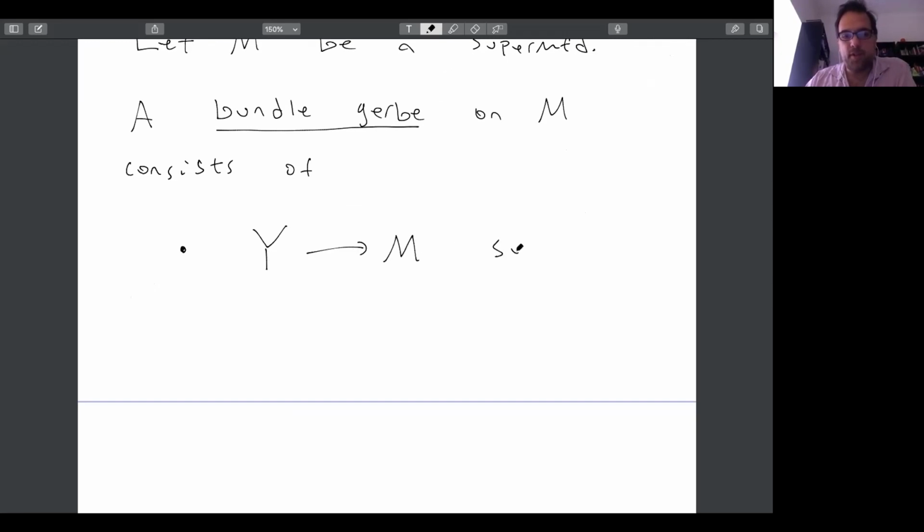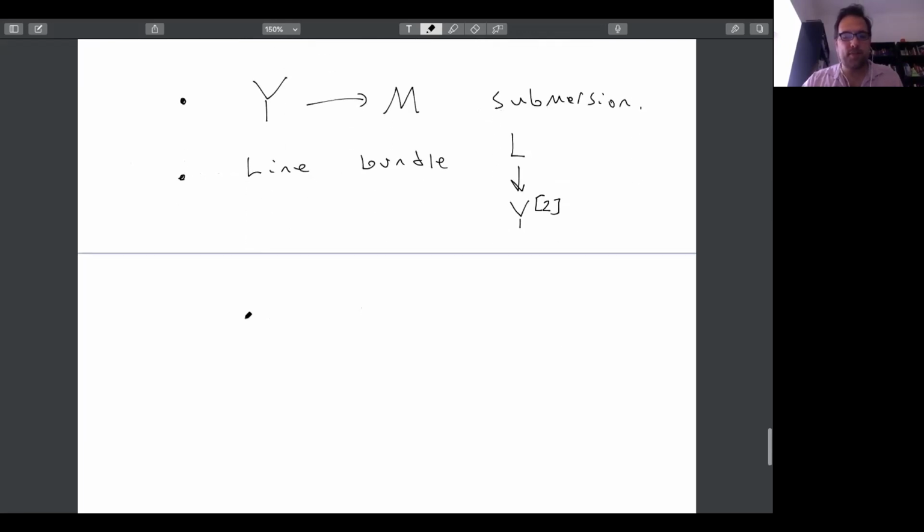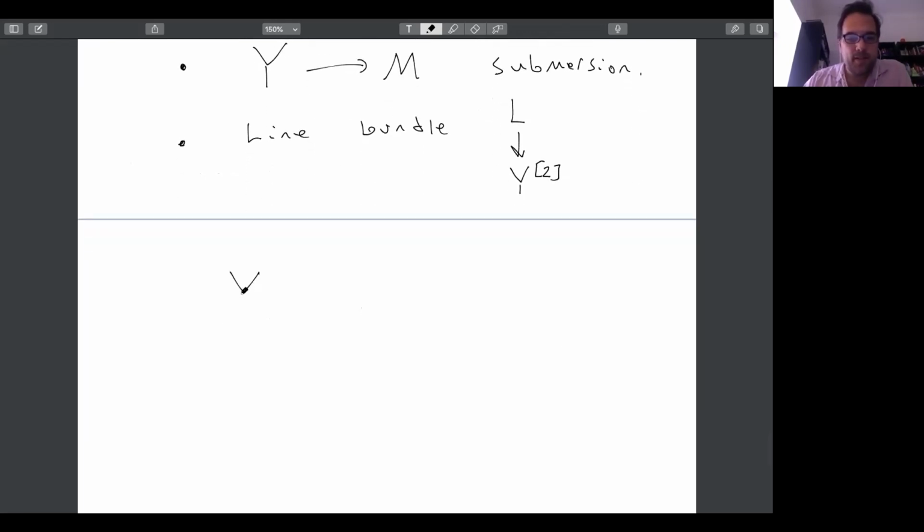a submersion over M, a line bundle L on the fiber square of this submersion. This fiber square is this pullback.